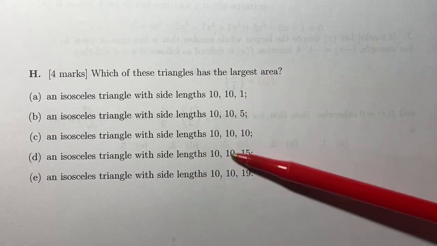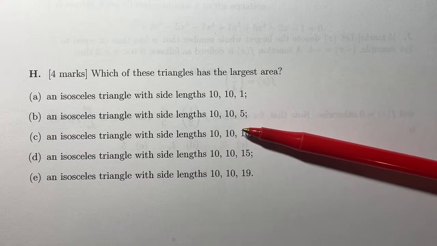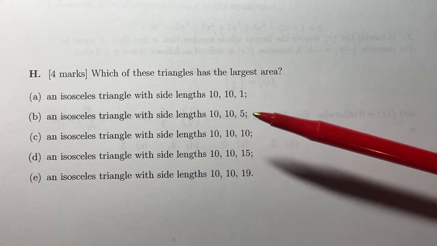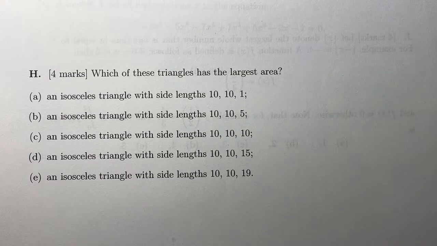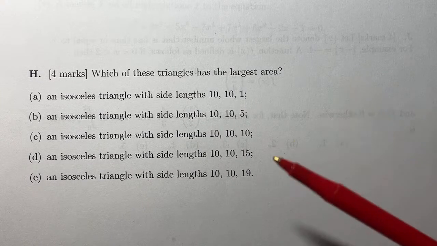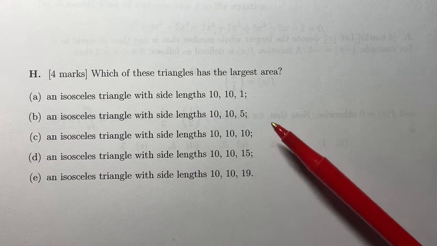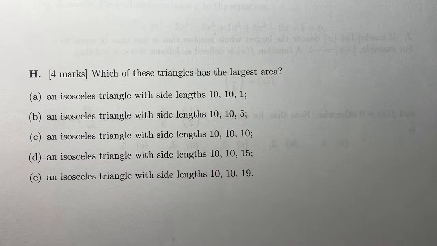But we are not comparing triangles with the same perimeter. So the perimeter of D is bigger than C. So we cannot just say the equilateral triangle has the biggest area. It's true that among all the triangles with the same perimeter, the equilateral triangle will be the biggest triangle. But here, no, we cannot use that.